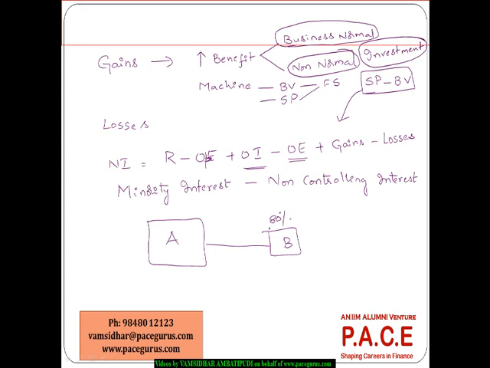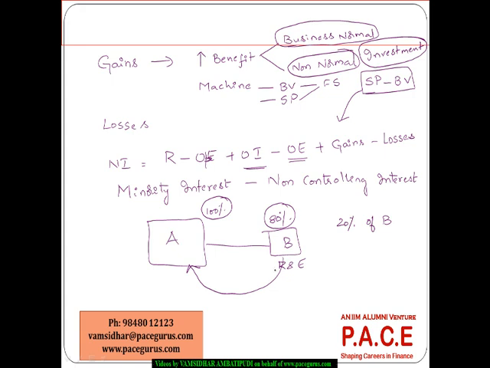Now, what the accounting rules simply say is the entire revenues and expenses of B will be clubbed into the income statement of A. Though A owns only 80% of B, the entire 100% of the revenues and expenses of B will be clubbed into the income statement of A. So even the profit wise 100% is clubbed into the income statement of A. But A actually owns only 80% of it, which means the remaining 20% of B, which is not owned by A, is typically called the minority interest.